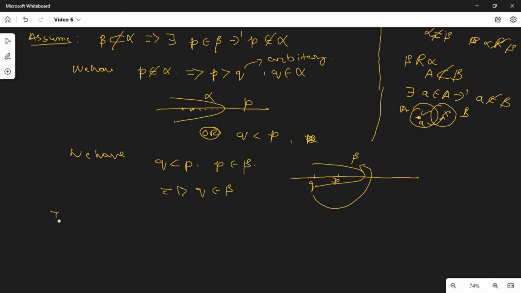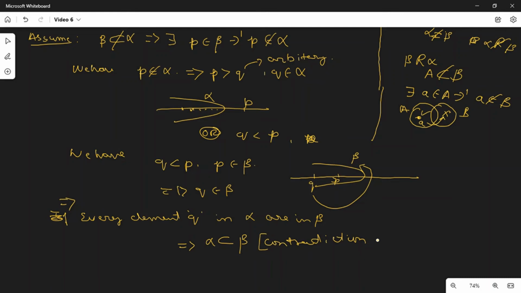This says that every element q in alpha is in beta. This means alpha is a subset of beta, but this is a contradiction to the hypothesis.